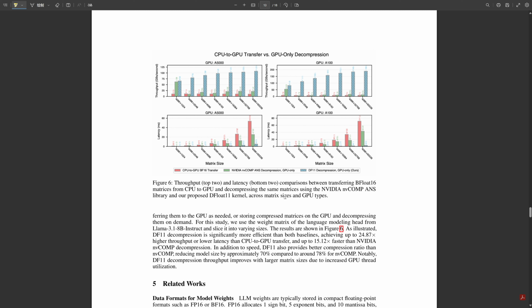It tackles that GPU memory wall head on. It does, through the smart mix of identifying the information inefficiency in BFloat16 exponents and then building a specialized, super fast decompression engine for the GPU. The innovation isn't just the compression, it's the whole integrated system.